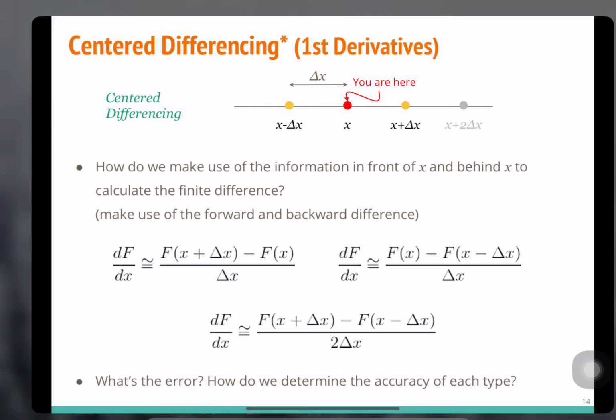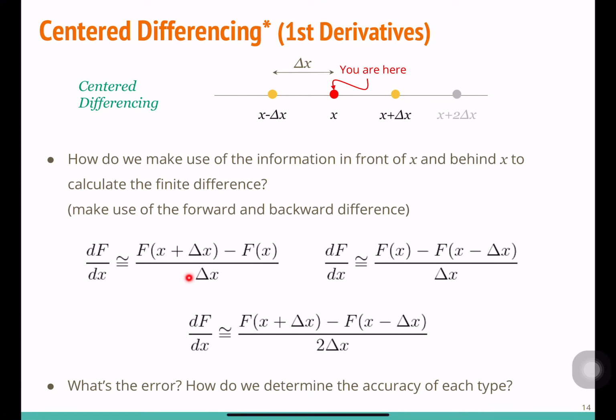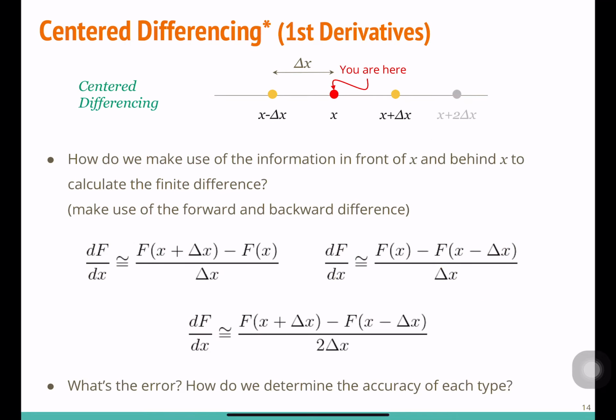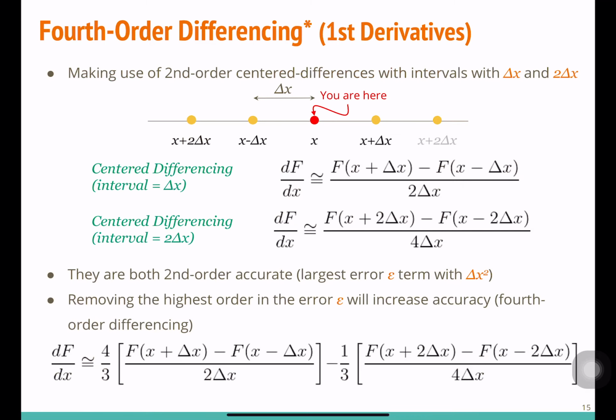This is what we have just done here, the center differencing, and then we increase the accuracy. There is another way to further increase the accuracy. We have just done second order accurate calculation. If we want to increase the accuracy to fourth order, this is what we need to do.